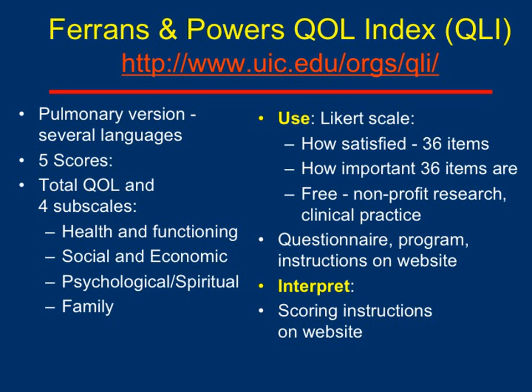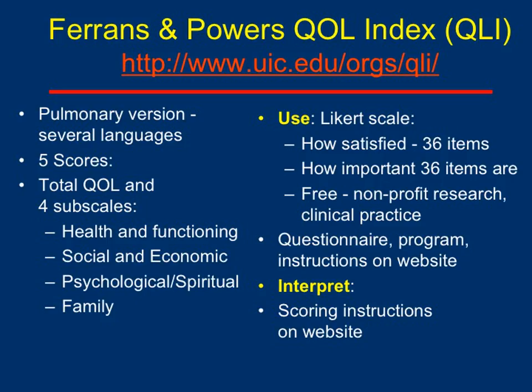So the Ference and Powers Quality of Life Index, or QLI, is available on the website in a pulmonary version. You can see the URL at the top of the screen. It's available in several languages. It has 5 scores: the total quality of life, and then 4 subscales, specifically health and functioning, social and economic, psychosocial and spiritual, and family.